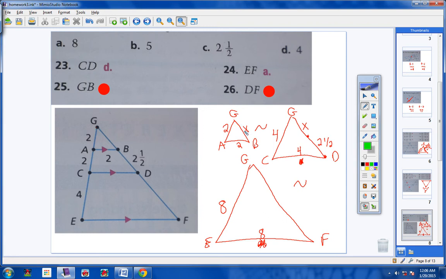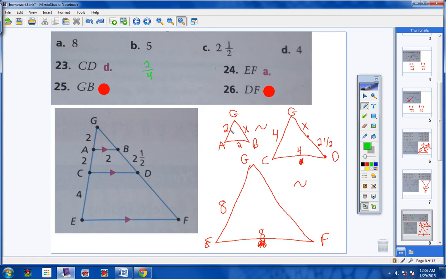So I could say 2 over 4 equals x over this whole side, which is x plus 2.5. From here to here is x, from here to here is 2.5. And that should work.